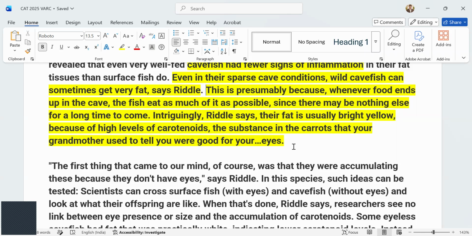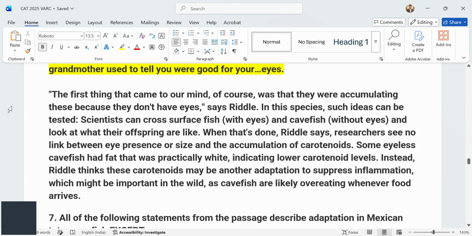So she's trying to establish the link probably, and then the grandmother reference, which usually we are all aware that you should eat carrots, high level of vitamin A. Everybody knows that, right? The first thing that came to our mind, of course, was that they were accumulating these because they don't have eyes.